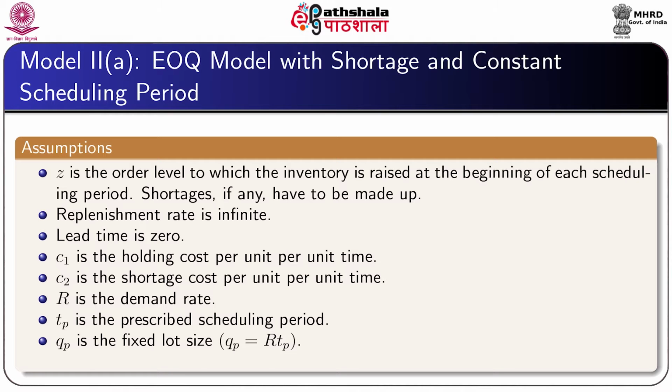Lead time is 0. C1 is the holding cost per unit time. C2 is the shortage cost per unit time. R is the demand rate. Tp is the prescribed scheduling time period, and Qp is the fixed lot size, that is, Qp equals R into Tp.